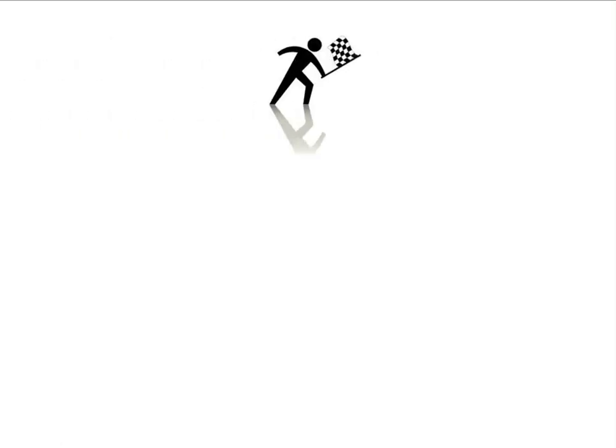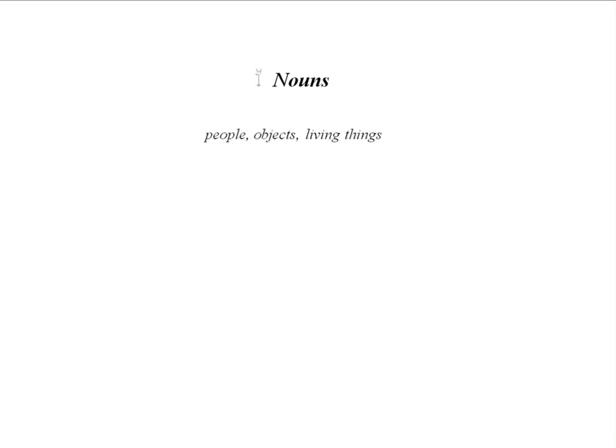As a starting point, it is useful to know something about nouns in Egyptian. Nouns are words typically used to refer to people, objects, living things, and the like. In Egyptian, all nouns are treated as either masculine or feminine, even if there's no obvious reason for us why this should be the case.